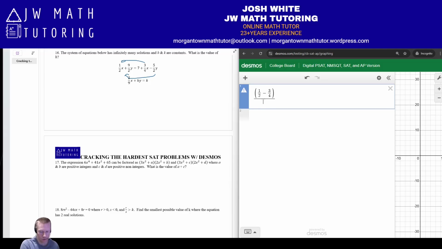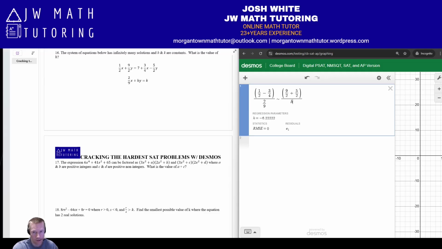On the bottom, there's only one x coefficient, and let me erase this so we can see it, and it is 2/9. So this right now is x coefficients on top divided by x coefficients on bottom. Now for the y coefficients on top, we have 9/2 plus 5/2, and on bottom we have just h, and that's it.